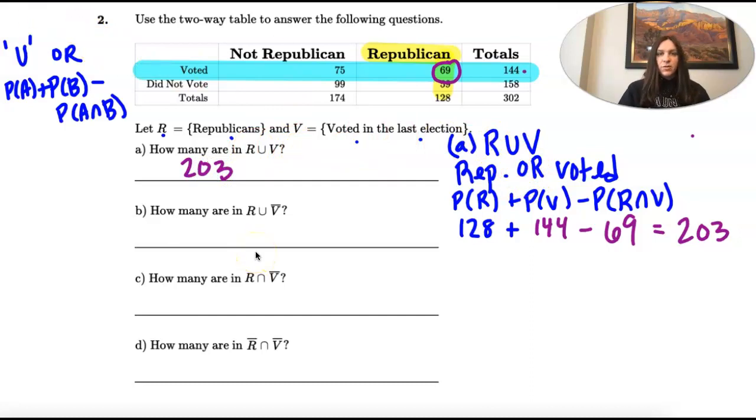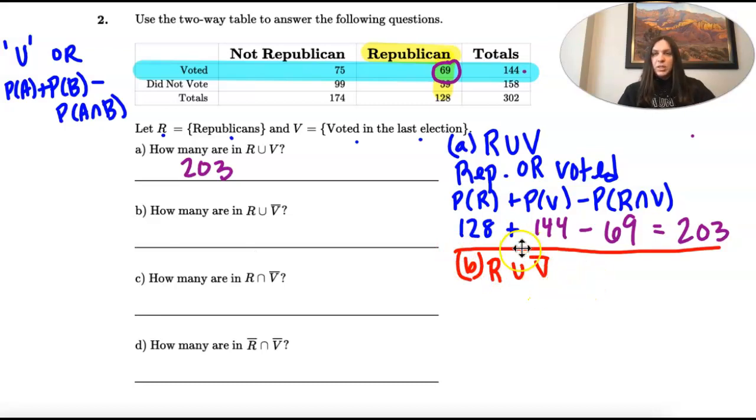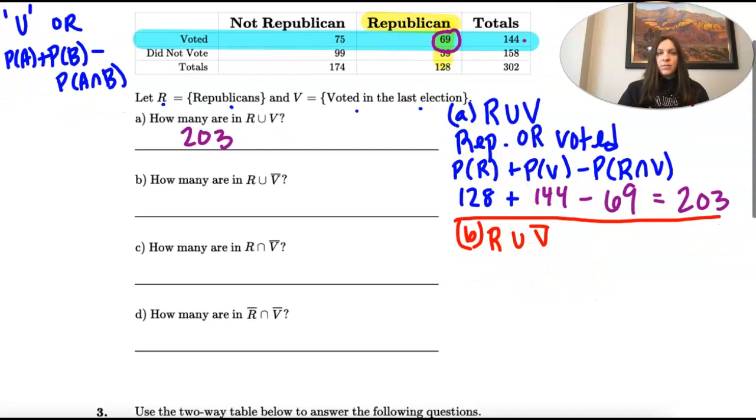So B is Republican or not V, and that means not voted, the opposite. So let's look at that. Okay, I have how many are in R, so Republican.